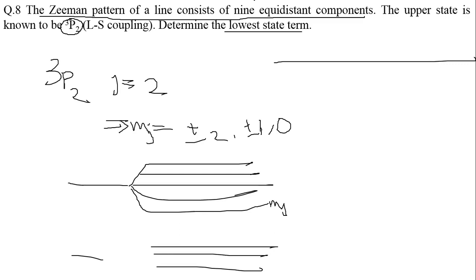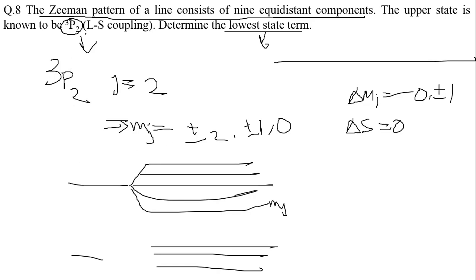But here we want to calculate the lowest state term, as this is the upper state term. So we want to calculate the lower state term. So basically in this case, delta j or delta mj is equal to 0, plus minus 1, and also delta s is equal to 0. So the transition occurs between the same multiplets.